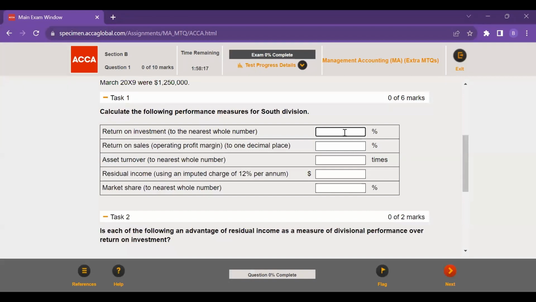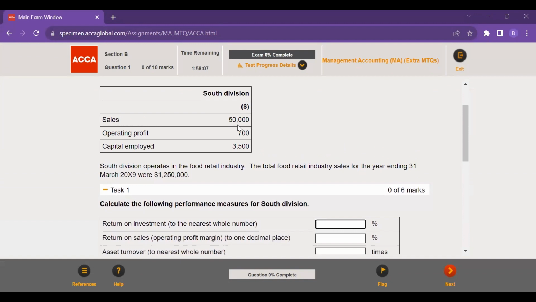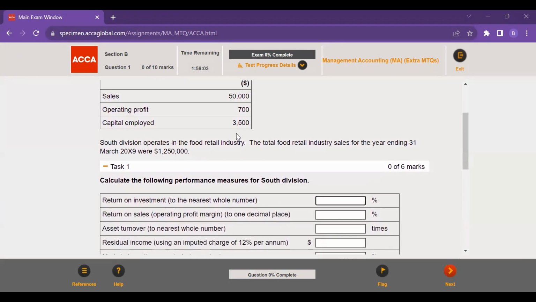First of all, we have to calculate the ROI. The formula we have learned is operating profit divided by capital employed. We have our operating profit of 700 and our capital employed of 3500.